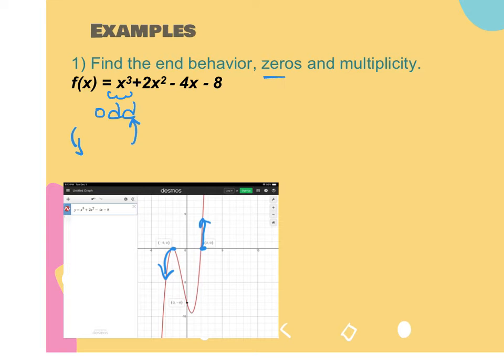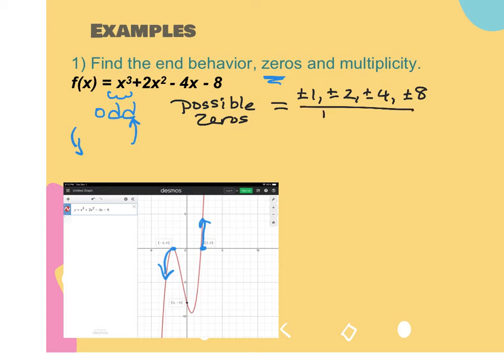Now we have to find the zeros, which is exactly what we've been doing for the last couple nights of homework. Again, if you're not using a graphing utility, then what we would do is list the possible zeros. My possible zeros: the last number is 8. So the factors of 8, 1 times 8 and 2 times 4, over the factors of the first, which is just 1.